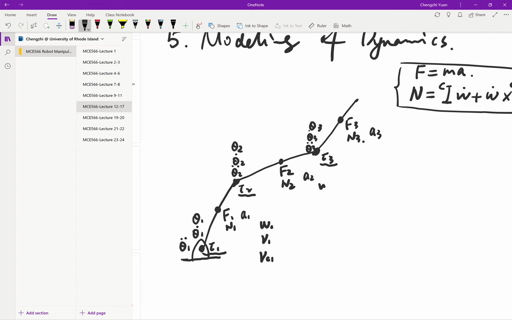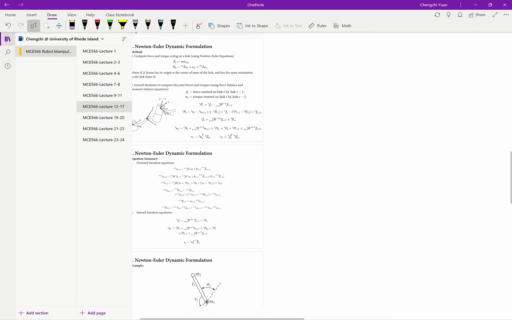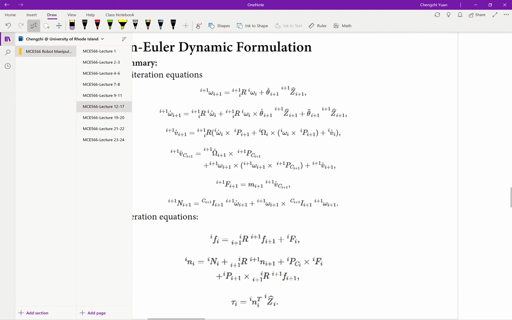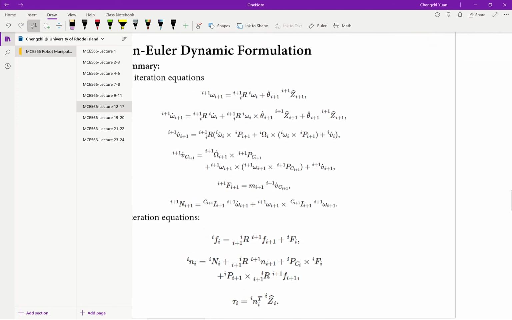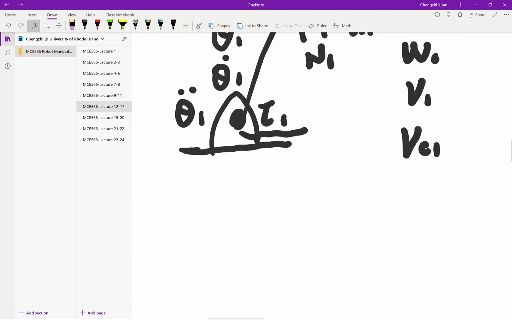So this is omega 2, V2, VC2, omega 3, V3, VC3. In order to get all these variables, we have established a set of equations given here.